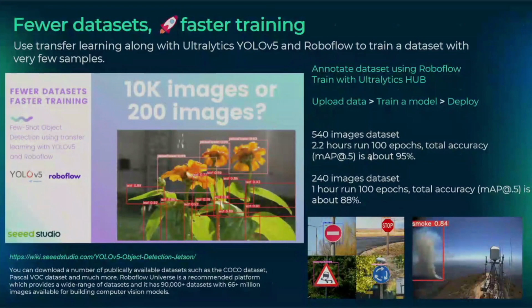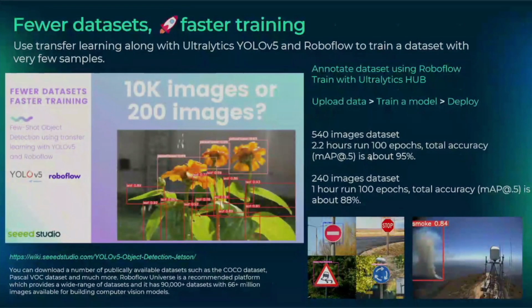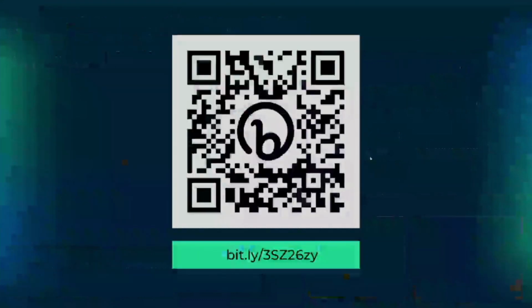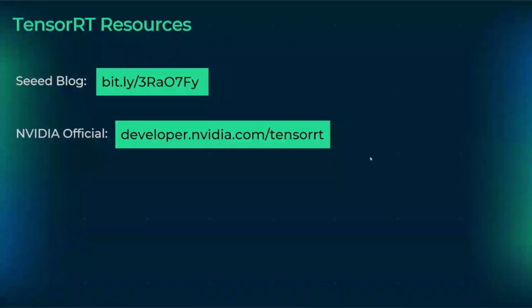If you convert that PyTorch model into the TensorRT format, it will drastically improve the inference performance. So that's why TensorRT is very useful. If you want to learn more about TensorRT, you can visit this URL or go to the NVIDIA official documentation regarding TensorRT.